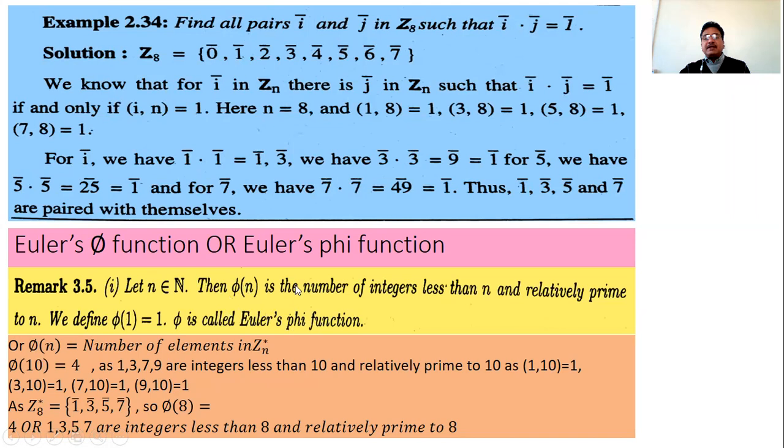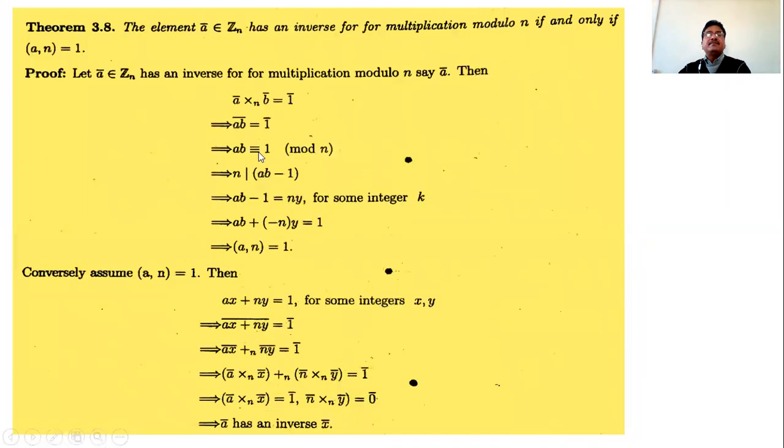Either use this definition or use this definition: phi(n) is the number of elements in Zn star. They are one and the same, because in Zn, when the inverse of a bar exists, that is when a bar is a prime residue class. If the inverse of a bar exists, then we say a bar is a prime residue class.